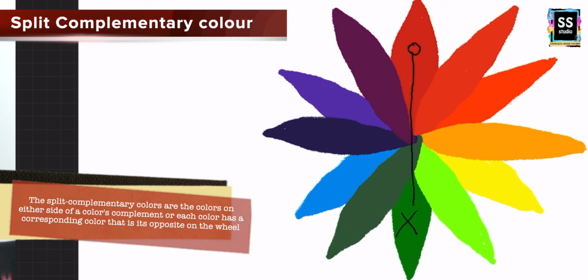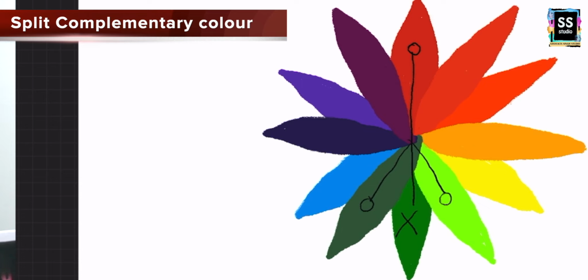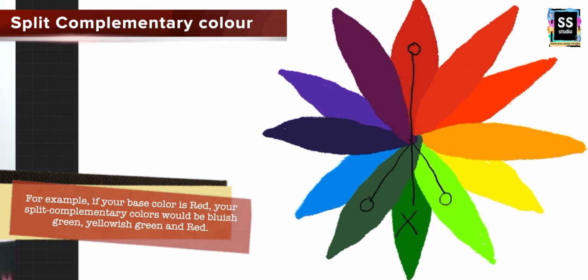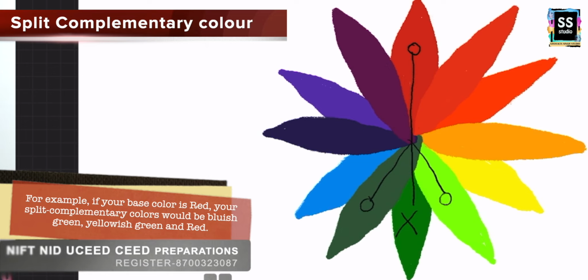Without taking that green as our main color, we are going to split green. We choose the 2 adjacent colors of green, which are bluish green and yellowish green, and we leave out green. So the group of 3 colors, red, bluish green and yellowish green, are called your split complementary color scheme.